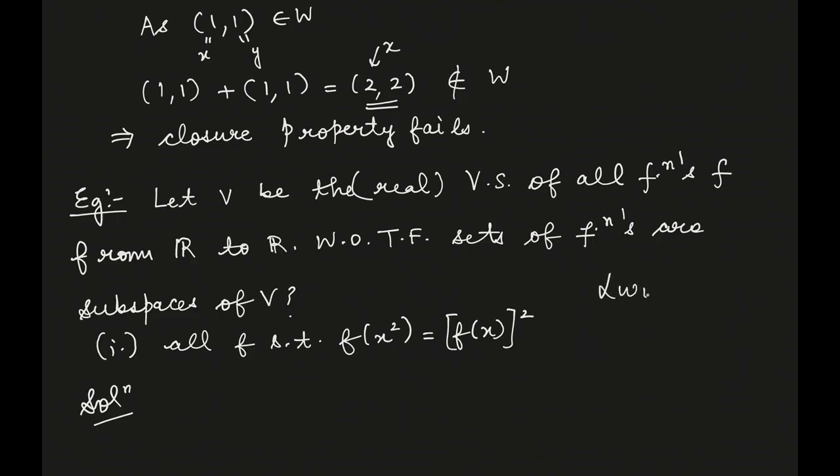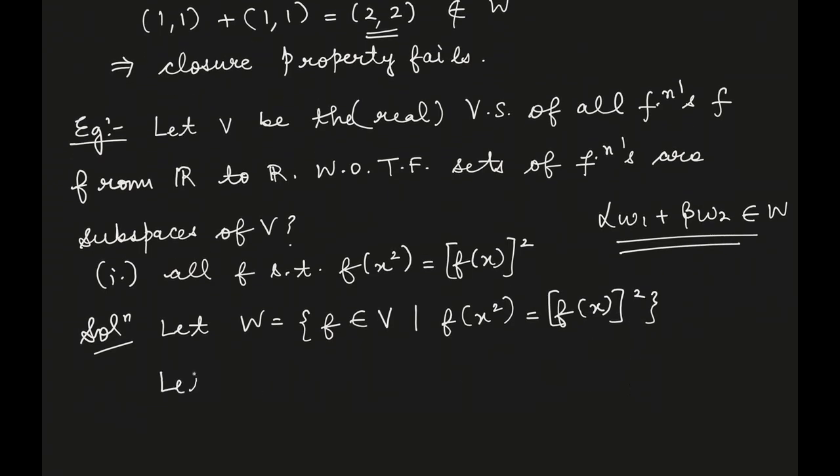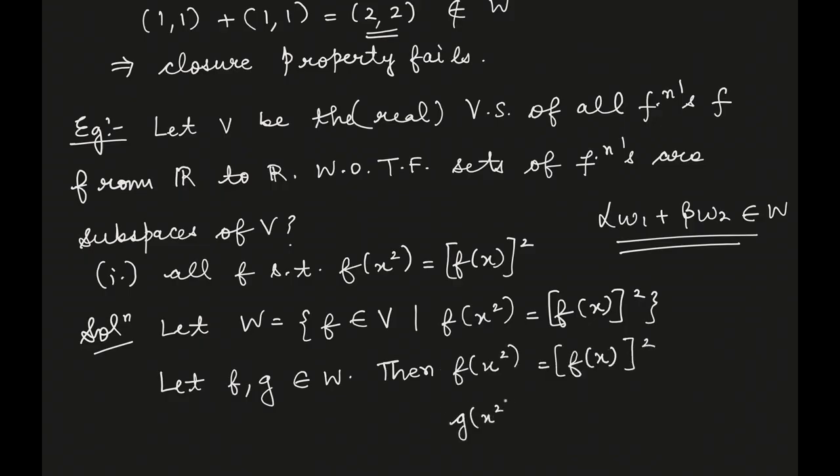Means alpha w1 plus beta w2 should belong to W. So let W be equal to the set of f belonging to vector space V such that f(x square) is equal to f(x) square. Now here I can take two functions from W, then f(x square) is f(x) square, g(x square) is g(x) square.